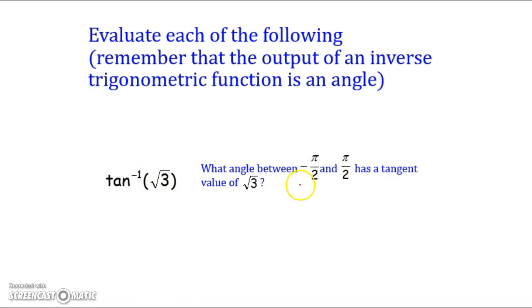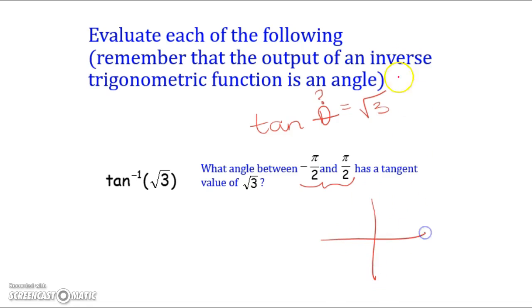So again, we have restricted our domain. We want to ask ourselves, for what angle measure theta did we get square root of 3 for the tangent? So let's go back to the unit circle. We are restricted to negative pi over 2 to positive pi over 2, so we can only look in quadrant 1 and quadrant 4 for the answer to this one.